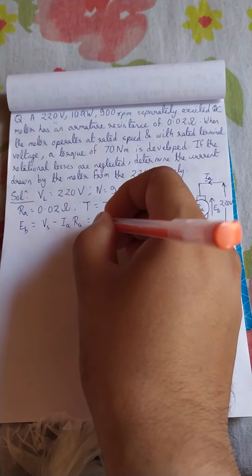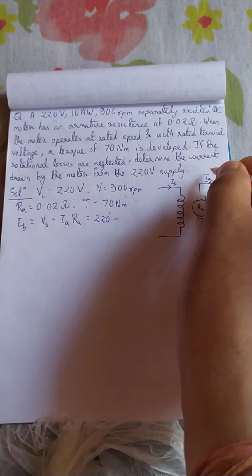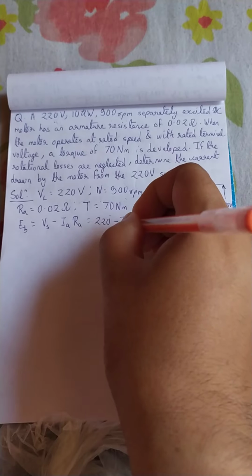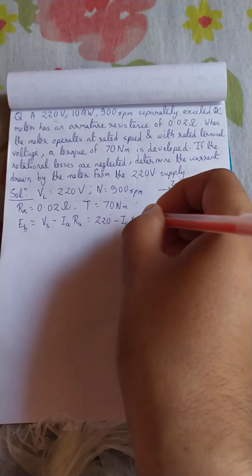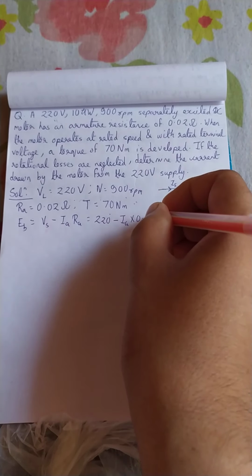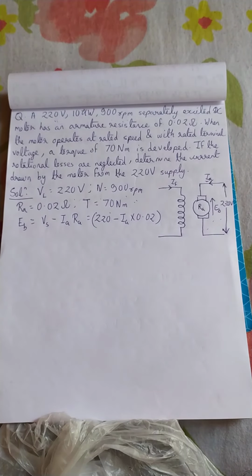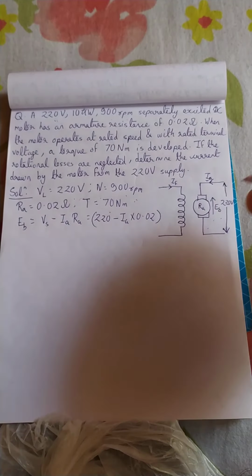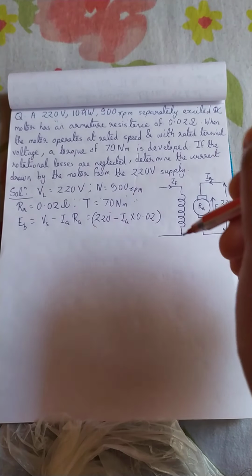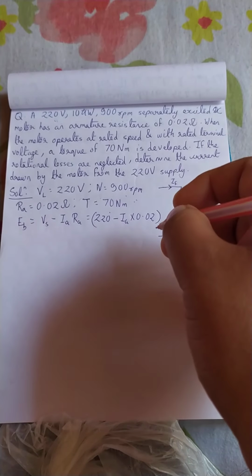Now Vs is given, that is 220, minus IA, which we have to find out, so it would be IA into the resistance 0.02 ohm. So this is the value of EB. What we have to find is IA. Now let's see from the given data how we can do it.